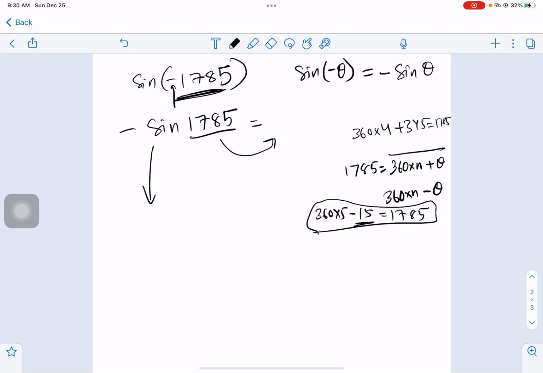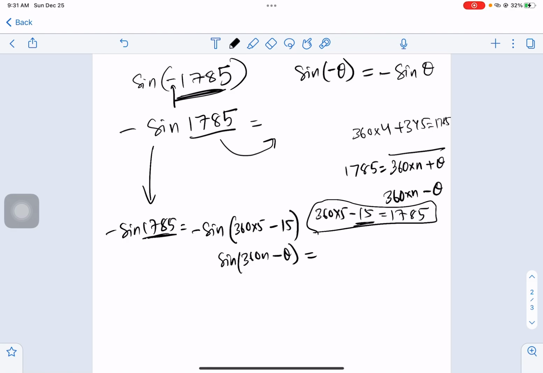So negative sine 1785 can be written as negative sine of 360 times 5 minus 15. This is the same as sine of 360n minus theta.